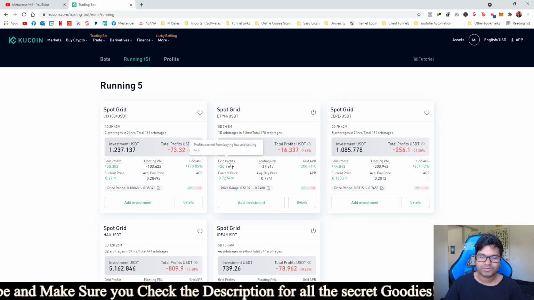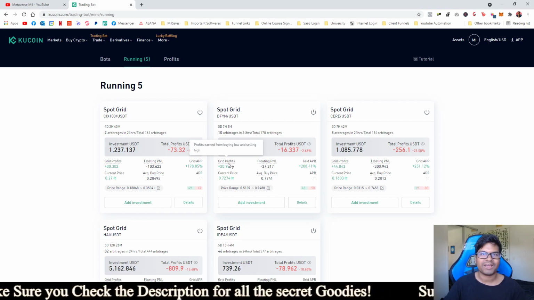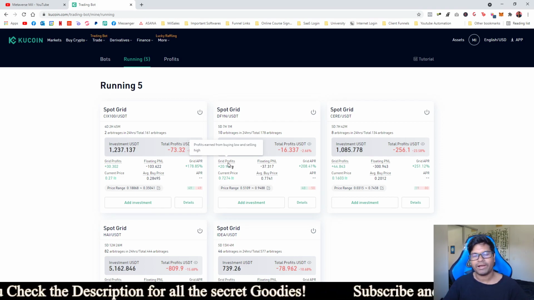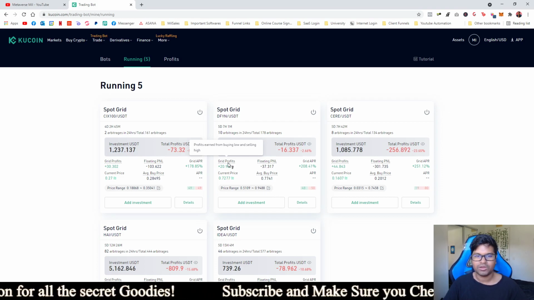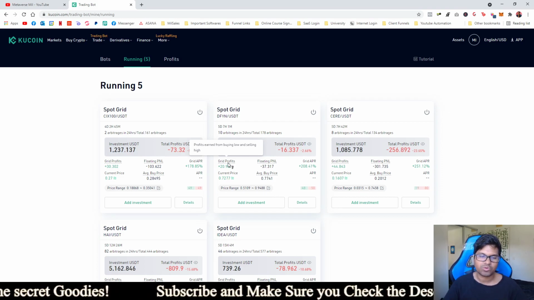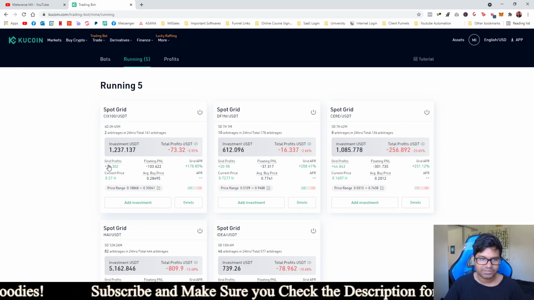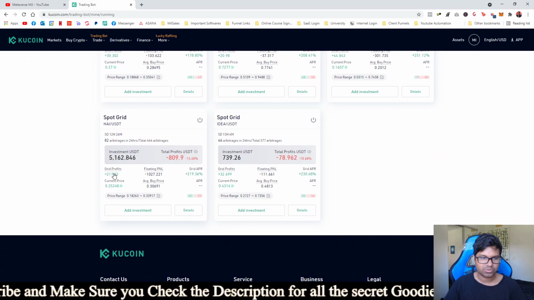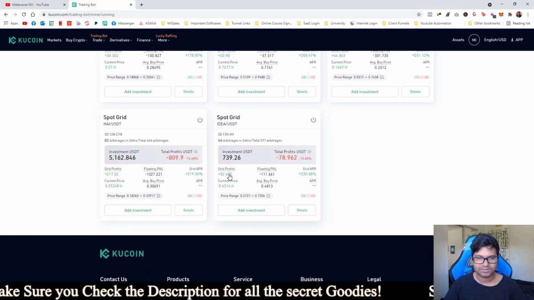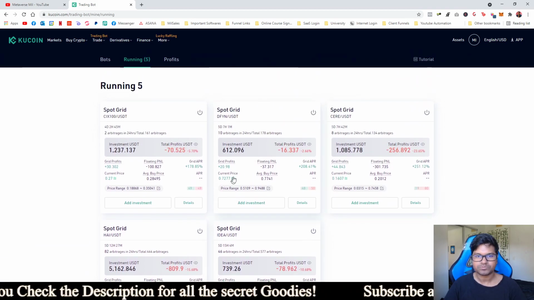The grid profit shows how much money you've actually made from buying low and selling high. This is the arbitrage number for every time you made a trade. So overall, this made 30, this made 20, this made 44, this made 217, and this made 32.